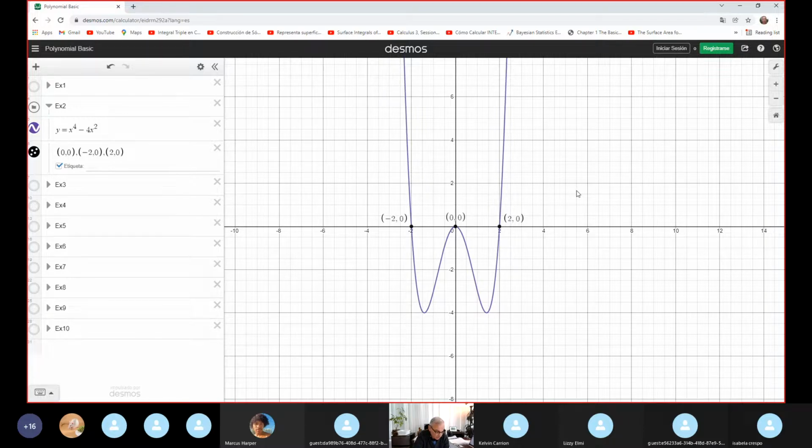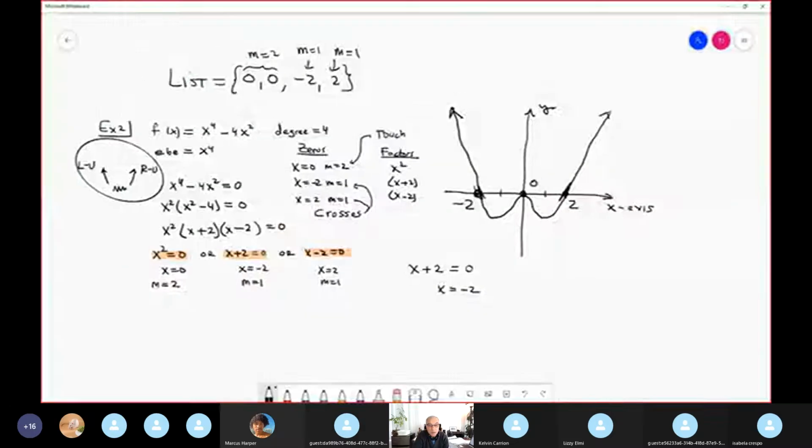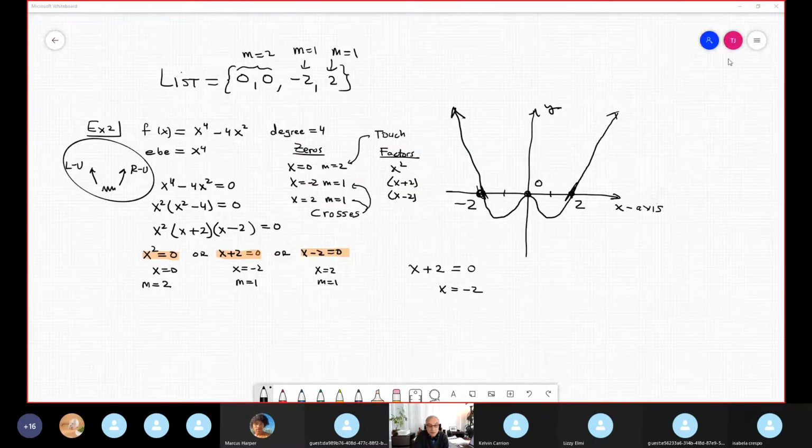Let's do another example. Example 3. Easy. We are doing an easy example now. Probably in a few minutes, I will complicate things. Okay, come back to the whiteboard. Let's do another example. Easy, easy, easy.